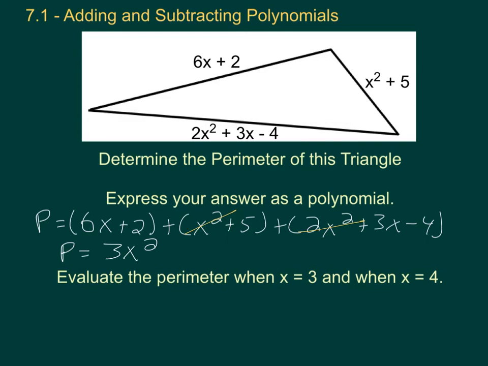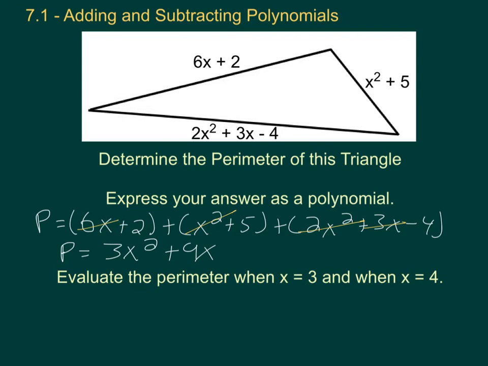Now I'll go to the next thing, which is just going to be my x's. So I've got 6x, I get nothing in the middle one, and I've got a plus 3x. I'm going to combine those, and 6x plus 3x is plus 9x. So I've taken care of these two right here. And then finally, I've got my constants, just my regular numbers.